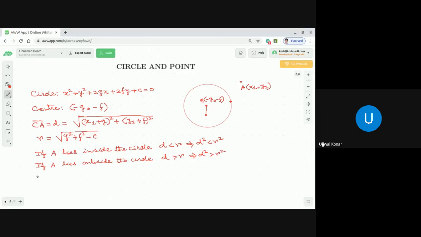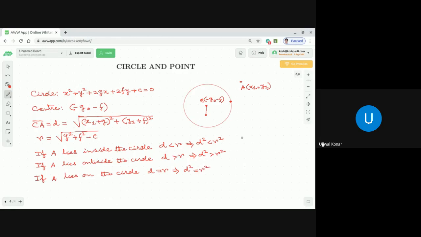And if A lies on the circle, what are we going to get? We are going to get D equal to R. That implies D square is equal to R square.